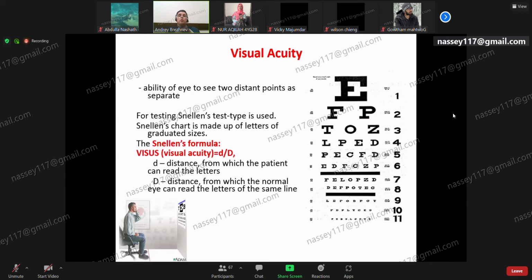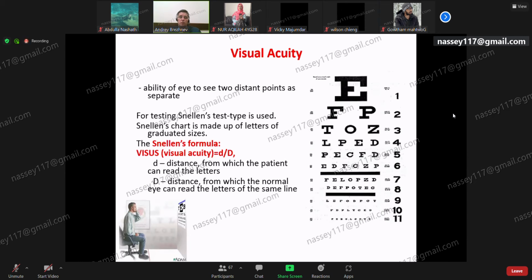What does visual acuity mean? It's a retinal function, first of all, to be more precise, of the macular area or the so-called yellow spot of the retina. Visual acuity should be tested, as I said before, in all cases, as it may be affected in numerous ocular disorders. Visual acuity is the ability of the eye to see two distant points as separate.